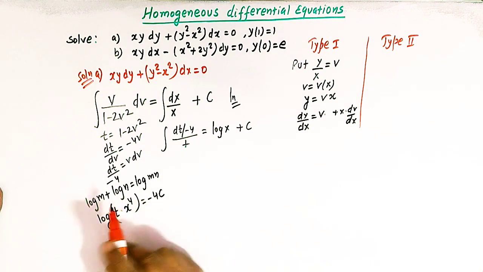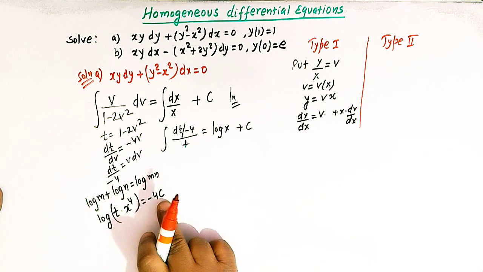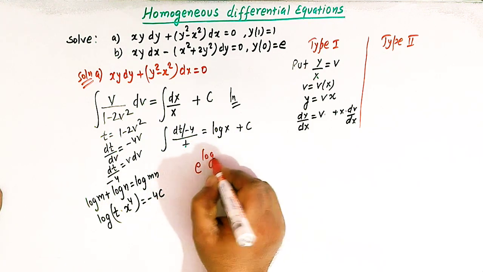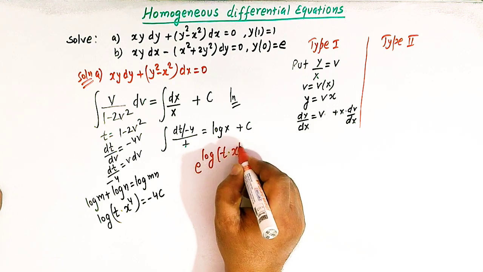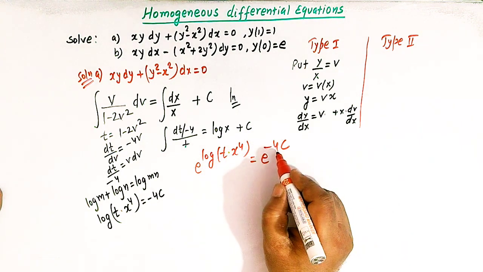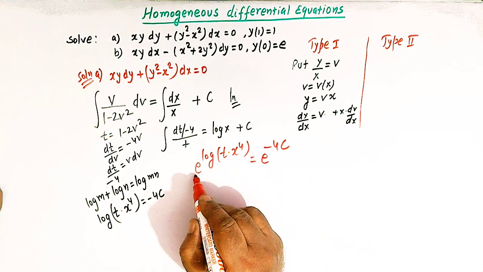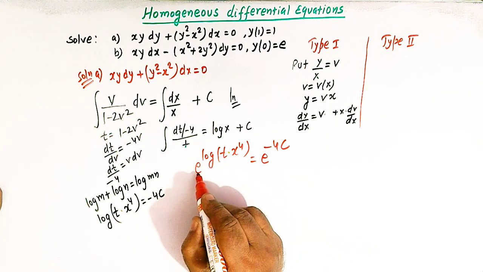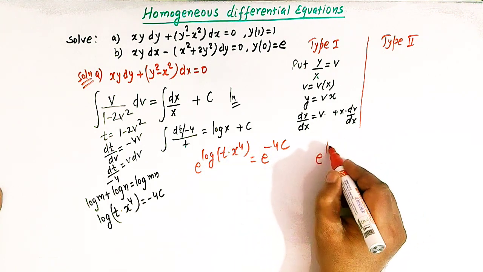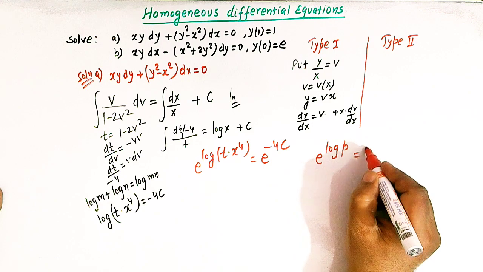So now let us take the exponential of both the sides. So we have e raised to log of t times x raised to 4 is equal to e raised to minus 4 times c. So here we have e raised to log of t times x raised to 4, so using e raised to log of p is equal to p.